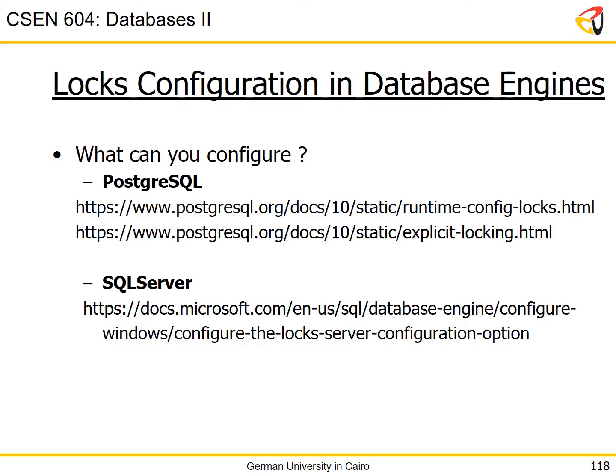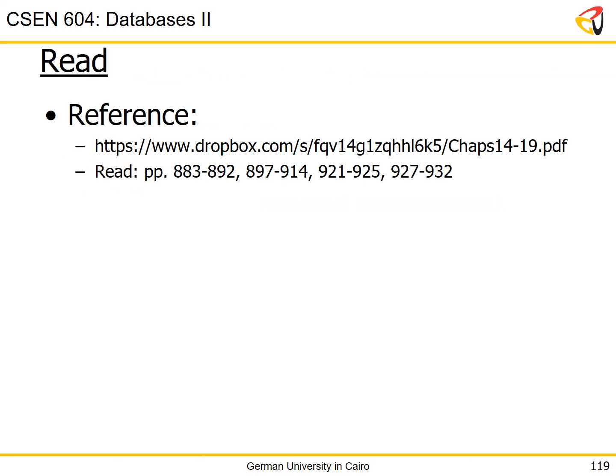So two-phase locking will not really work if you have lots of traffic to the database engine, because if you're running on Ubuntu, it won't allow you to do many lock requests in a very short duration of time. It would suspect that you're trying to bring the system down. So you'll have to again look at the operating system and figure out how to change the configuration. And these are the lecture slides, sorry, the pages that you need to read for this part of the course.